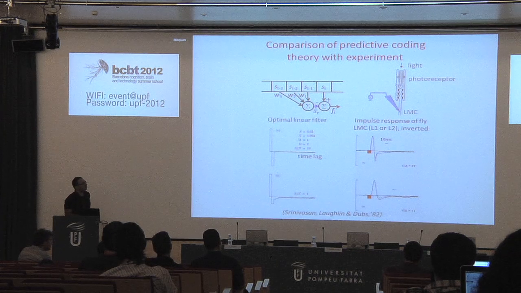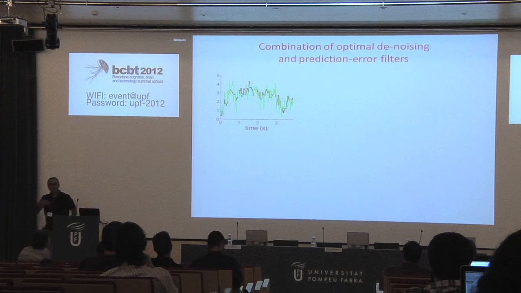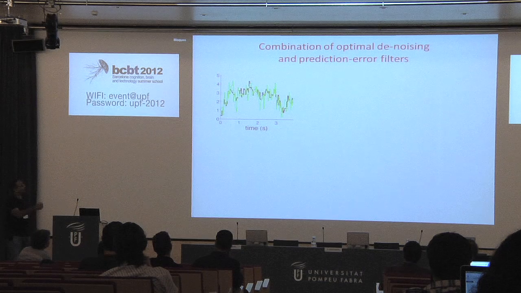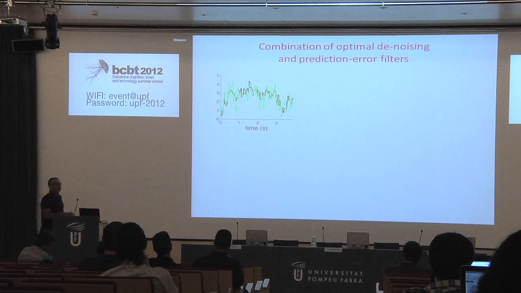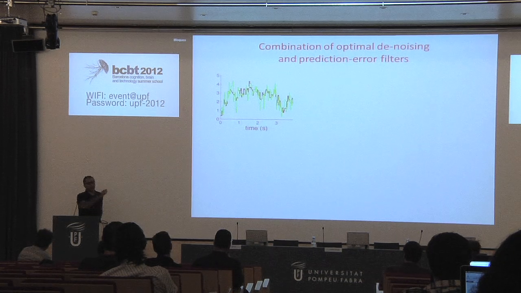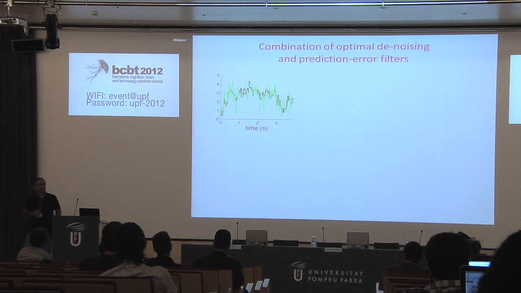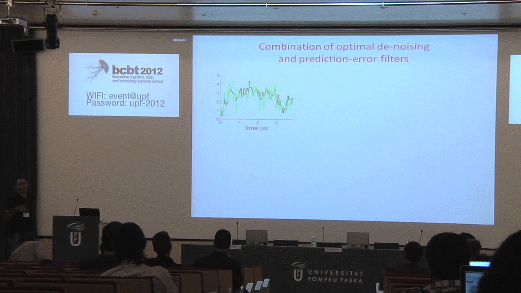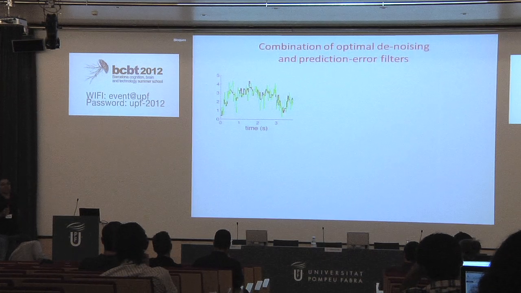This has to do with the fact that the predictive coding system, the way it was described, works well only if the stimulus has strong correlations and changes very slowly. If you get a stimulus that is uncorrelated, with fast, unpredictable changes, the system doesn't work well.